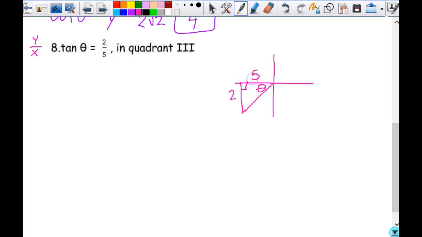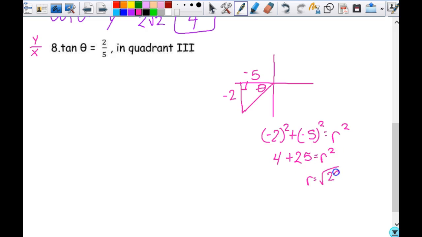This is 5. But what has to be true about them since I'm in the third quadrant? Both negative. That's why the little picture is very important. So then I get negative 2 squared plus negative 5 squared equals r squared. 4 plus 25. So r is square root of 29.